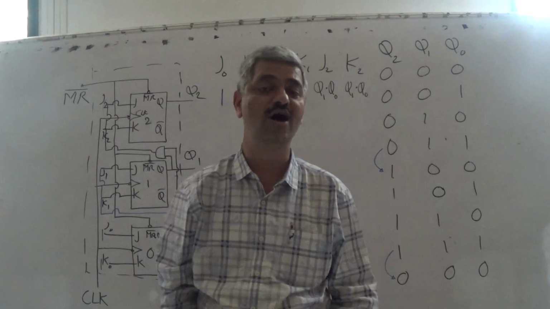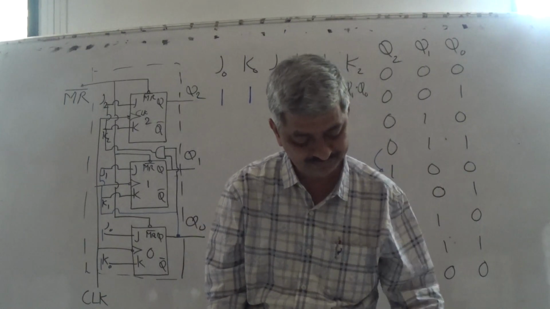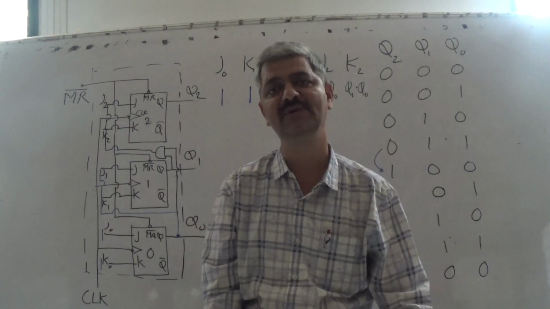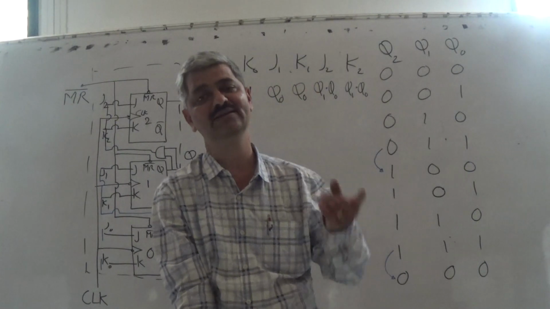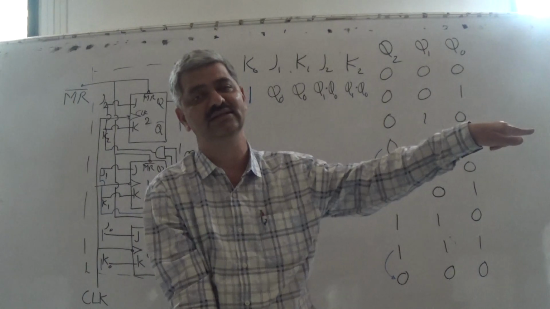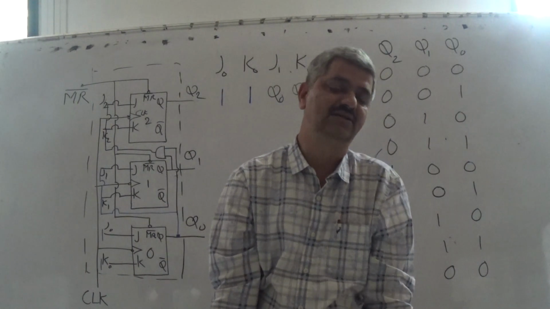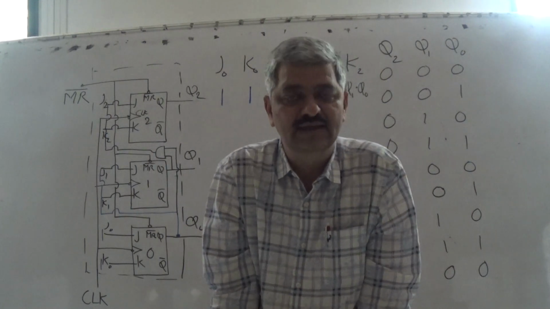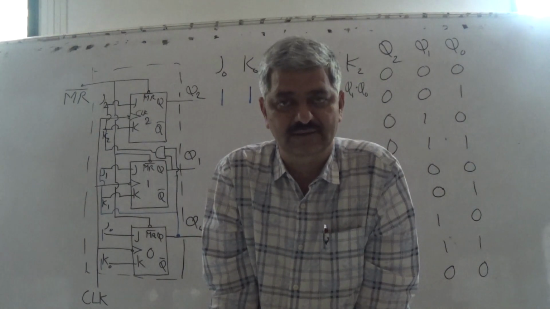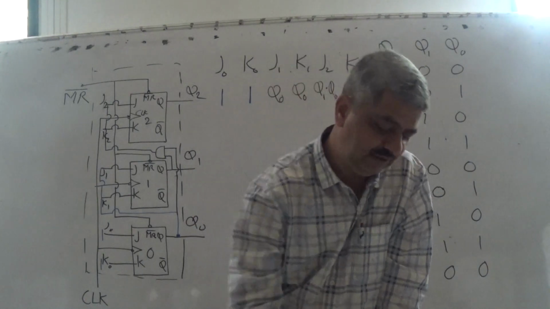So in the case of a multiple bit up counter, the most significant bit changes when all the least significant bits are 1 in the previous state. By this way, you can design any n bit counter. You can design any 8-bit up counter. So this is the way with which we design an up counter.